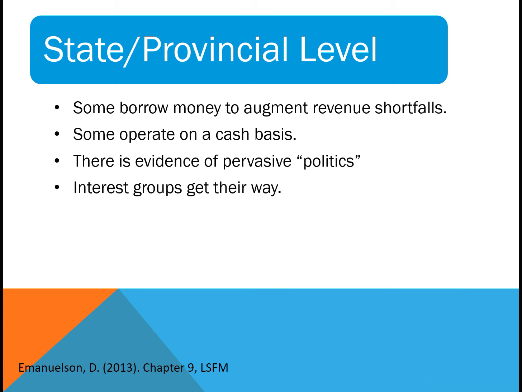They operate more on a cash basis. And there's evidence of pervasive politics, which are called iron triangles. Iron triangles are permanent alliances among three groups: interest groups, elected officials, and bureaucrats, and they can be very strong.